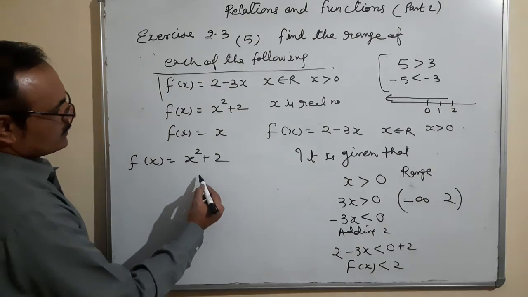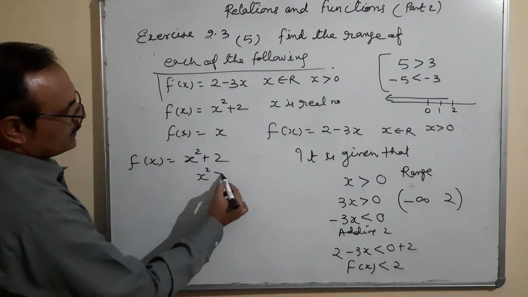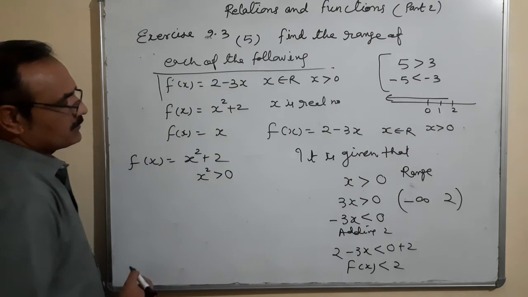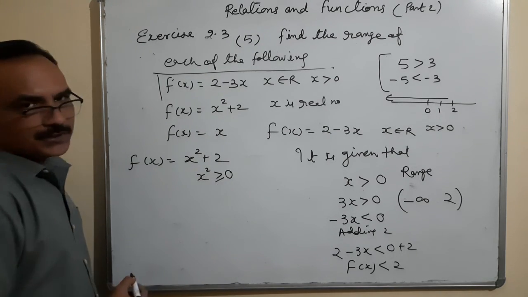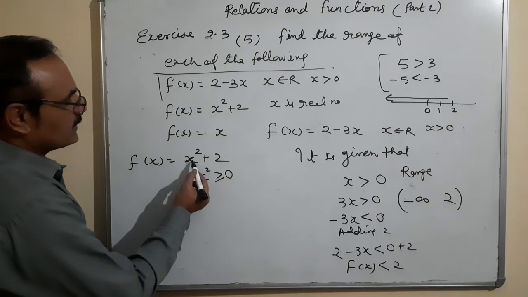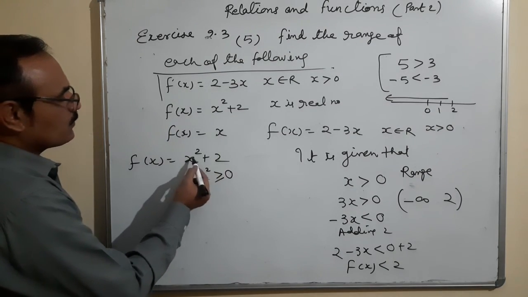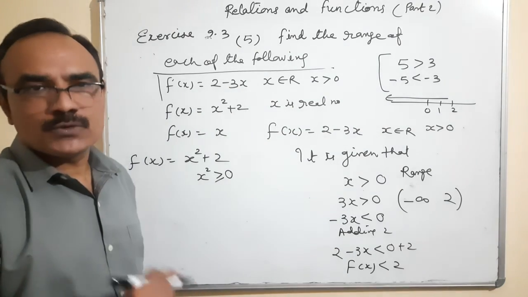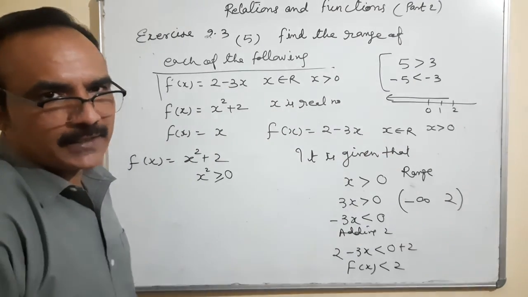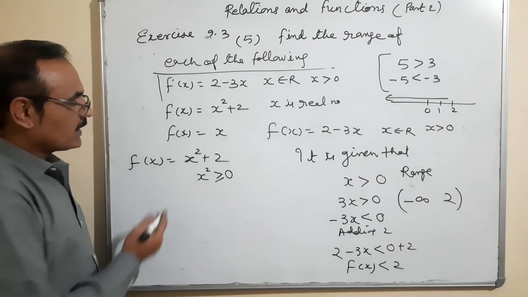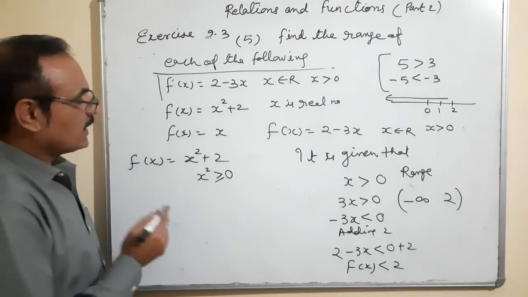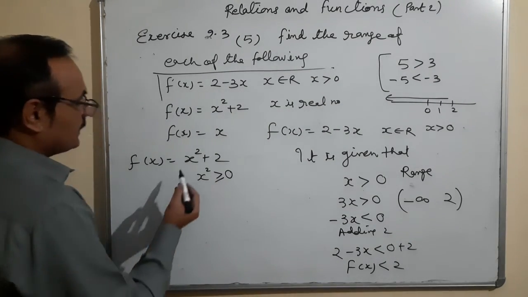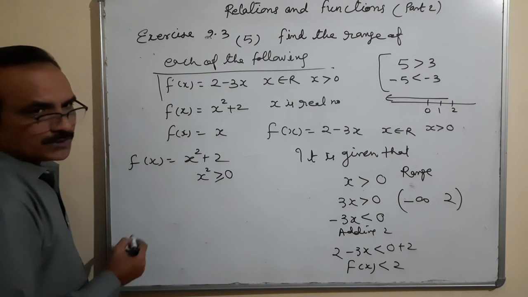So x square is always greater than or equal to 0. So the minimum number you are getting is 2 and the maximum is infinity. Am I right? You are not getting any negative number here. You are not getting 1 because x square is greater than or equal to 0.